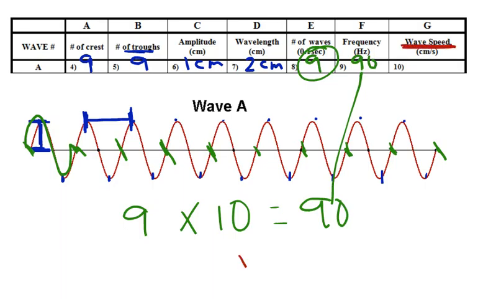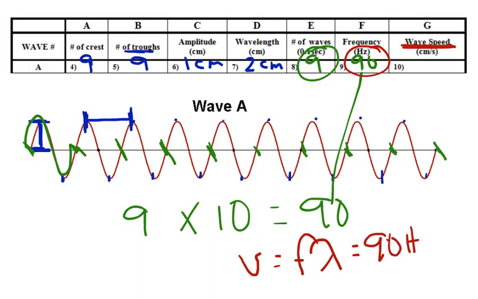Then the last thing I ask you is wave speed. Wave speed is frequency multiplied by wavelength. So this is the symbol for wavelength. And in this case, our frequency is 90 hertz.